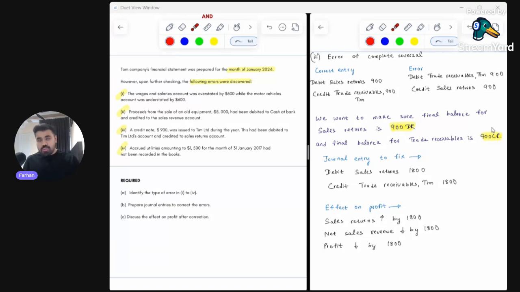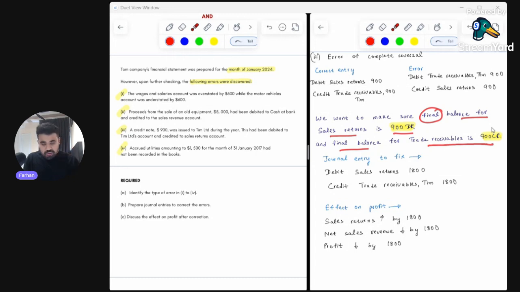And trade receivables account, which is an asset account, now that it will go down in value because Team has returned us some goods, we need to reduce it and we would end up crediting it, right? So we want to make sure that our final balance for the sales returns account is 900 debit, and the final balance for trade receivables is 900 credit, based on the original transaction or the event which took place, right?